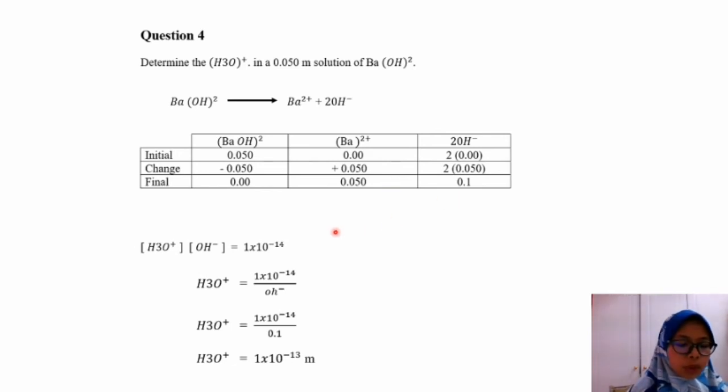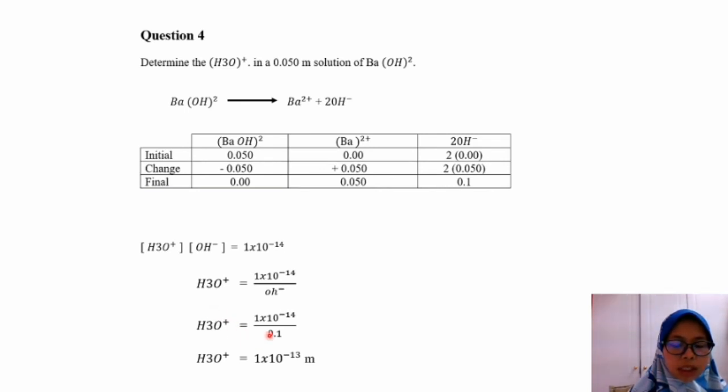By using the formula, H3O positive times OH minus is equal to 1 times 10 to the power of negative 14, which is the constant Kw. By making H3O positive equal to 1 times 10 to the power of negative 14 divided by OH negative, we substitute the OH negative.